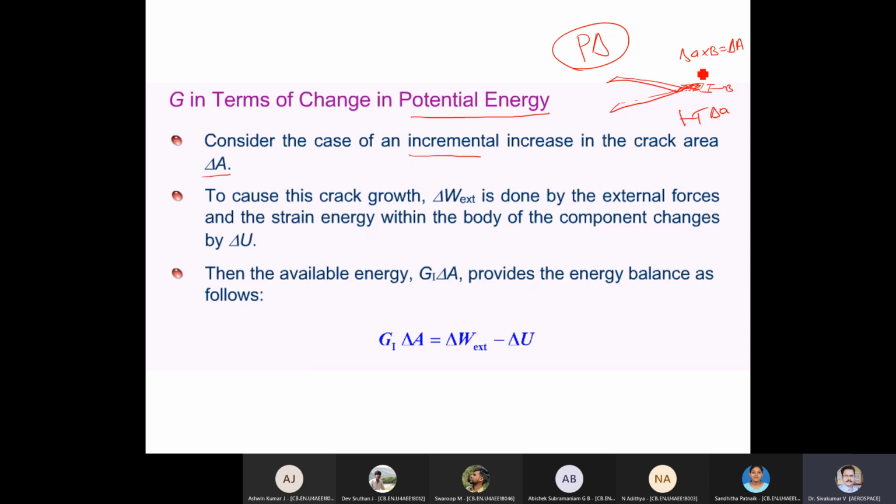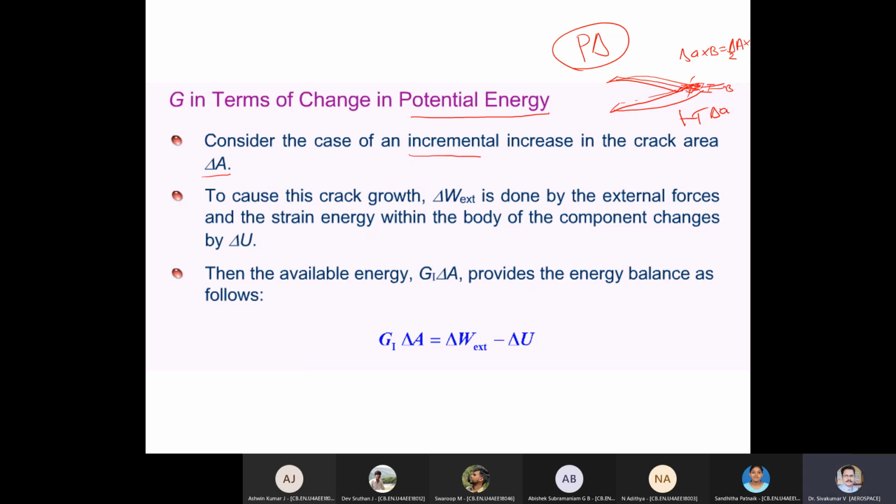Sometimes it will be multiplied with 2. Why? Two surfaces will be created, top and bottom. So consider the case of an incremental increase. Incremental increase means every time this crack will grow. In the next cycle, the crack will extend here, and from that again this process will start.